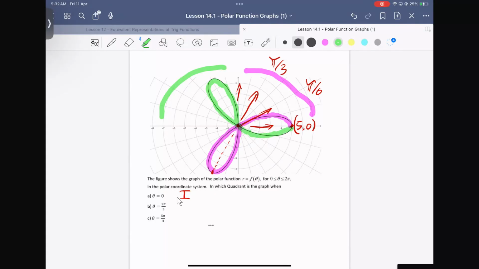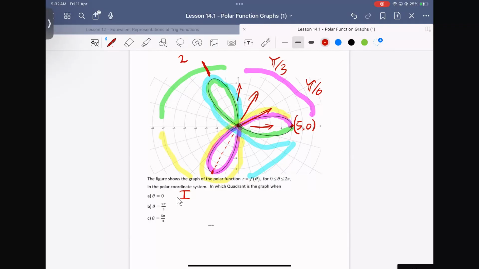Notice we've completed a full pattern by this point. So when we move into this quadrant, we've got to trace over this bit here. And when we move into this quadrant, we're tracing over this bit here. So 2 pi over 3, it's this line here.